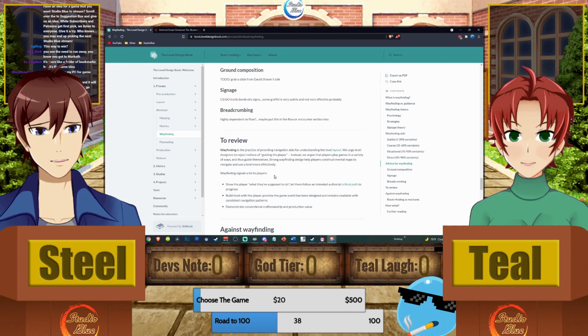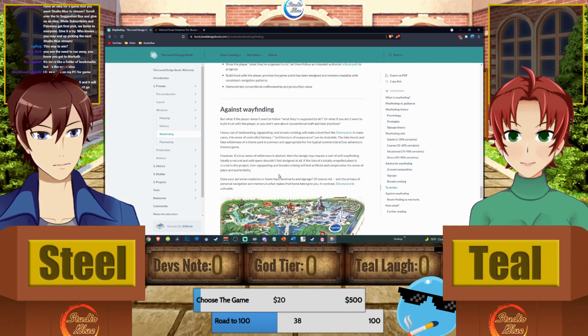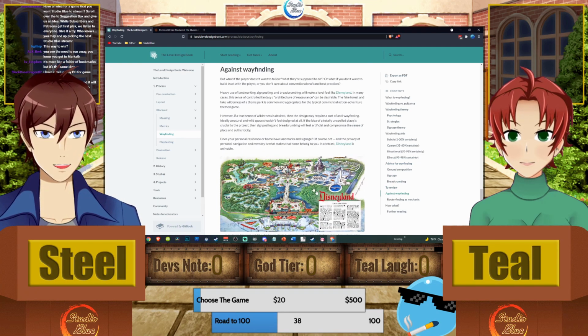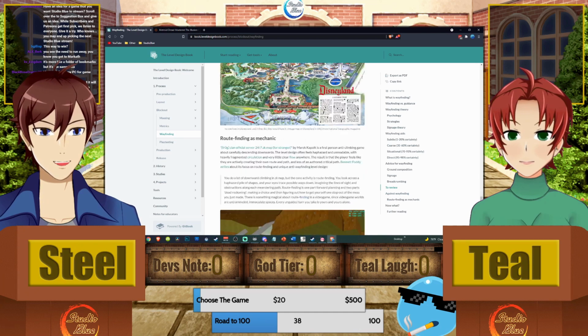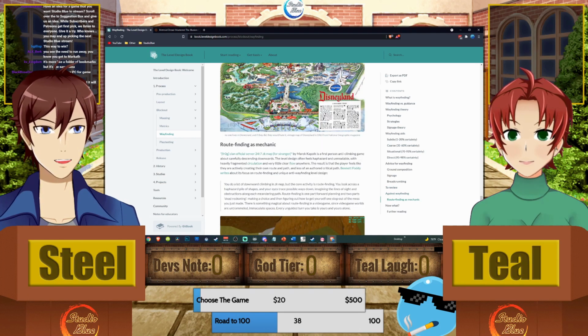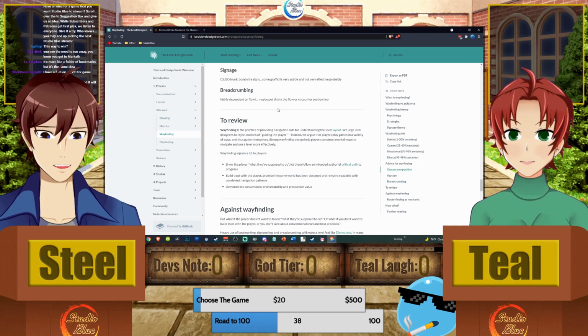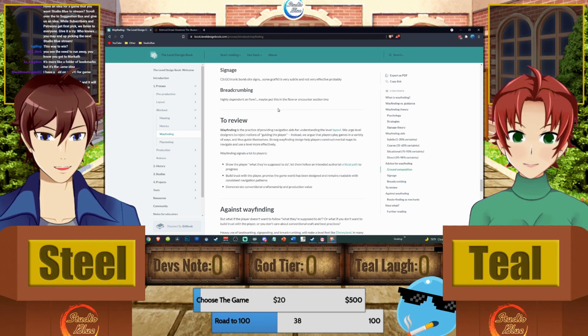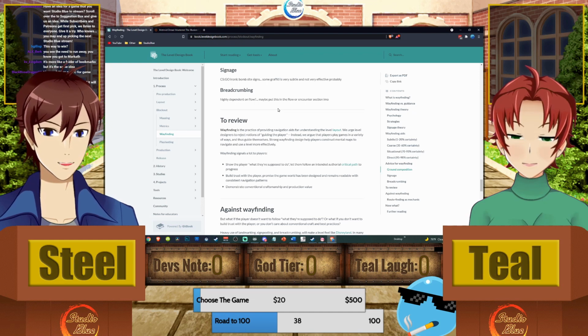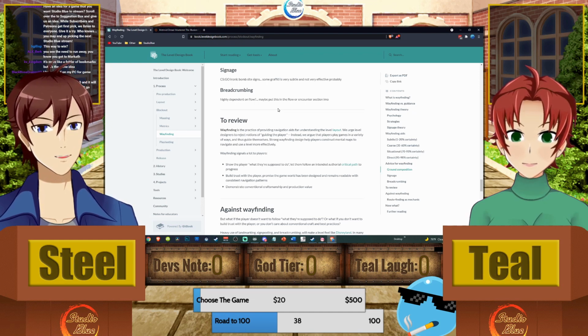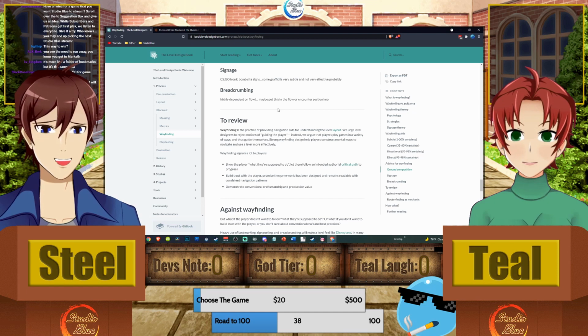And when we read this article, Teal and I, we read it, we take things away from it. I love how they use Disneyland as a model for wayfinding. We're not going to go into the minutia anymore, but here's the thing. Teal and I both approach level design differently in its details, but pretty much the same in its base. And that is this.